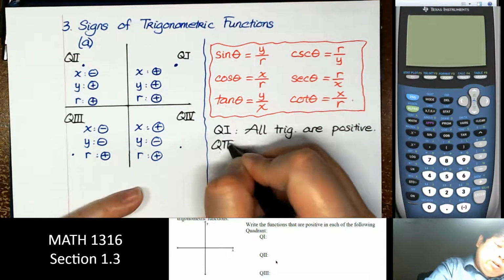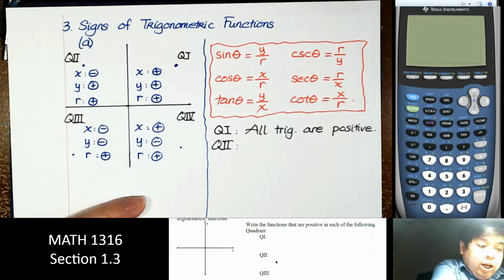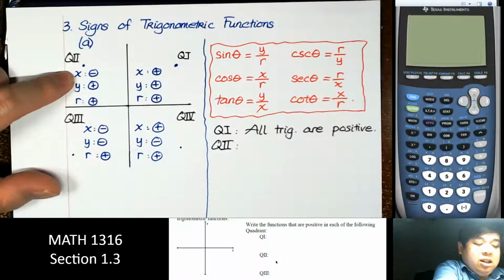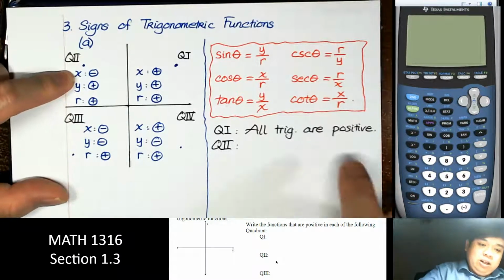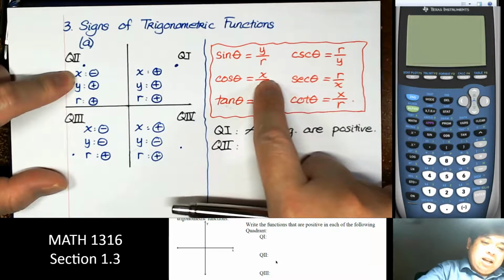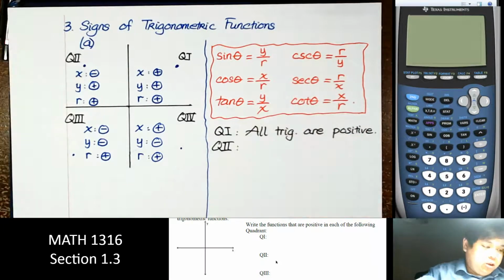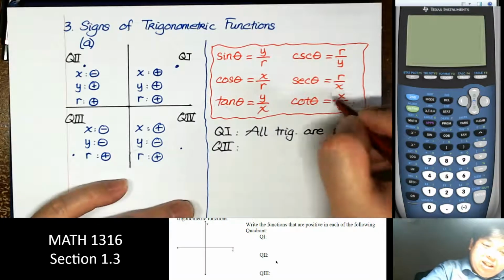Right. Quadrant 2. Quadrant 2, only the x is negative. So anything that involves an x is going to be negative. Right? Anything that has x in it is going to be negative.